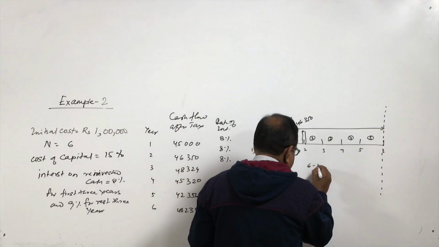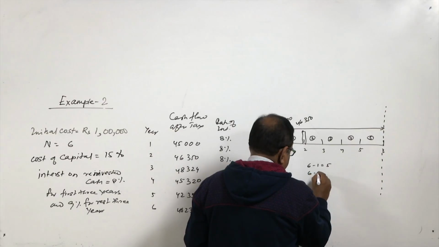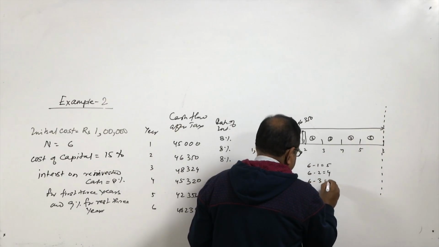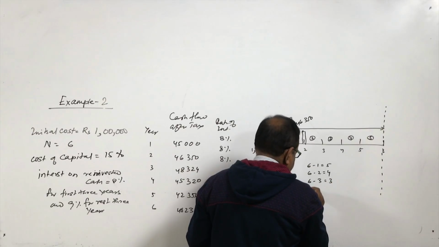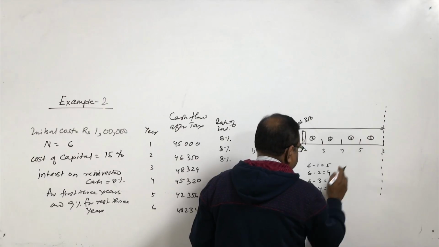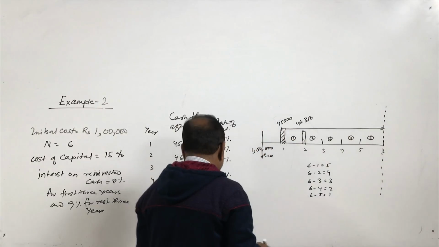This is 6 minus 1 equal to 5, and for this it is 6 minus 2 for 4 years, for this 6 minus 3 equal to 3 years, for this 6 minus 4 equal to 2 years, and for this 6 minus 5 equal to 1 year, like this.